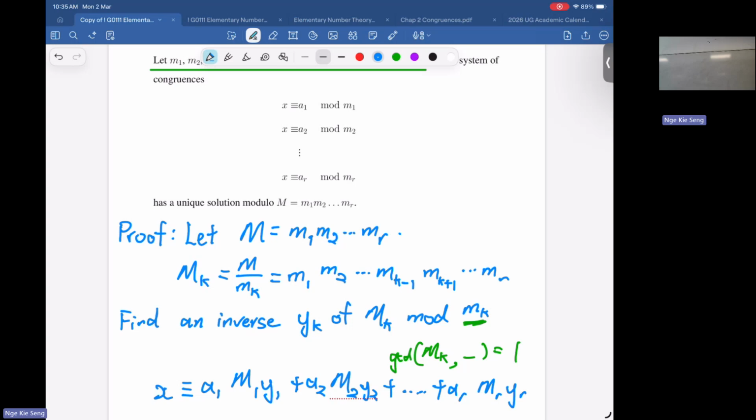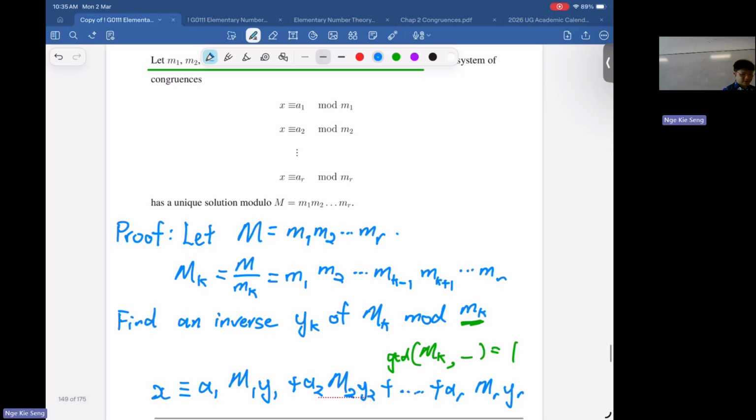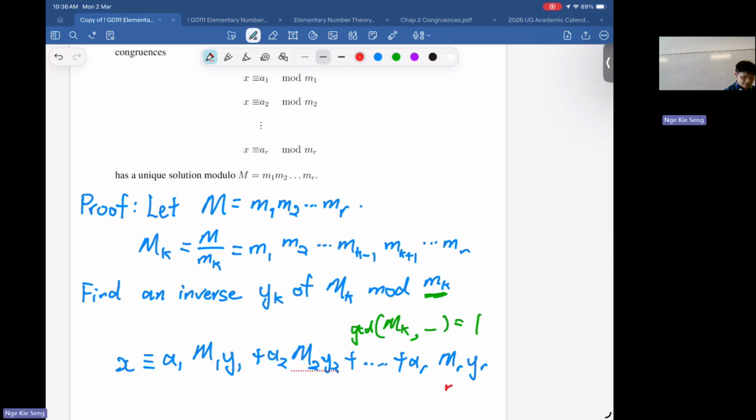Can you see why it works? Maybe you start with mod little m1. You're left with a1. What happened to this term for capital M2 up to Mr? You are just removing little m2 up to little mr, and inside here there is little m1, so you will remove it.